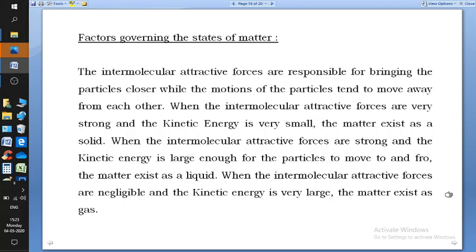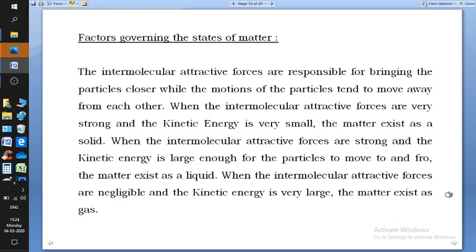So when the intermolecular attractive forces are very strong and the kinetic energy is very small, the matter exists as a solid. This is one factor which governs matter in a solid state. The intermolecular attractive forces should be very strong and the kinetic energy should be very small. Then only does the matter exist in a solid state.